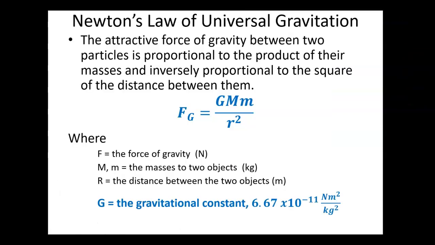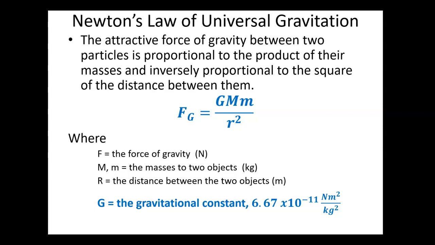So Newton's law of universal gravitation says that the attractive force, it's called attractive because, remember, the two objects try to pull toward each other, the attractive force of gravity between two particles is proportional to the product of their masses and inversely proportional to the square of the distance between them.